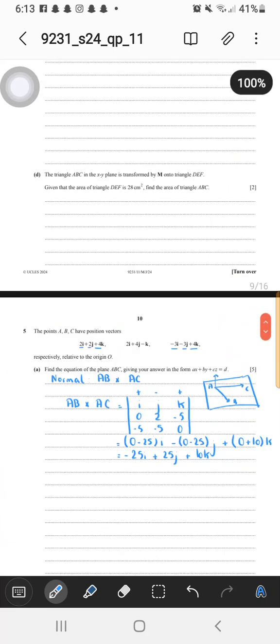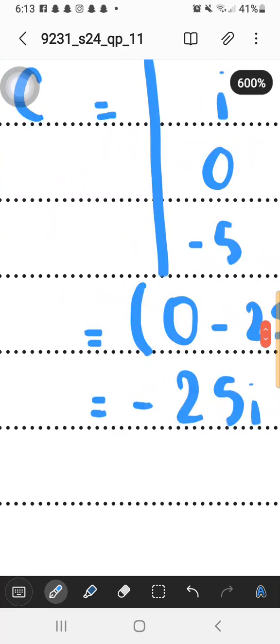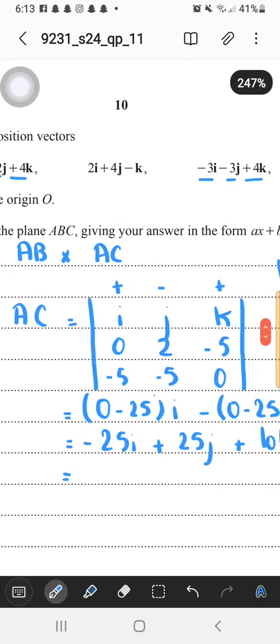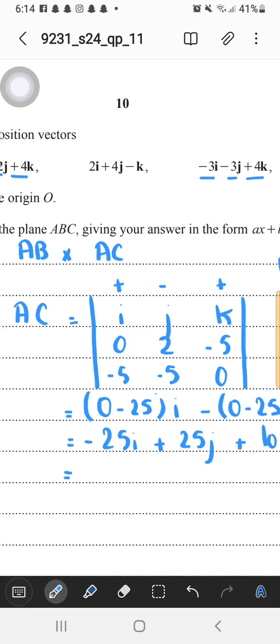If we change the sign of all the terms, there will be no problem. Like say positive 25i, negative 25j and negative 10k, there will be no problem. And let's factorize 5 from this, like dividing all of these with the 5, so there will be no problem.